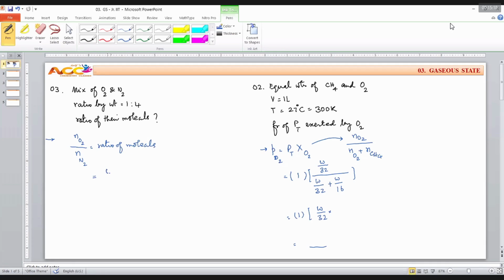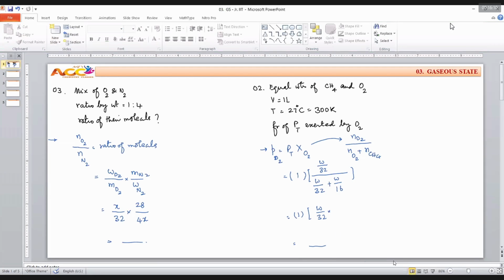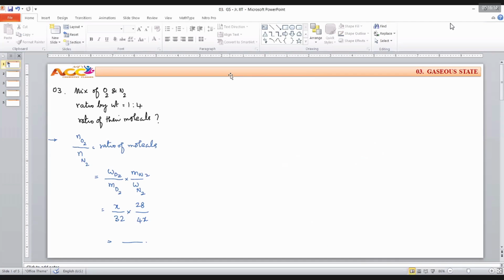Now this is equal to weight of oxygen x grams, weight of nitrogen 4x grams. The answer is 7:32.